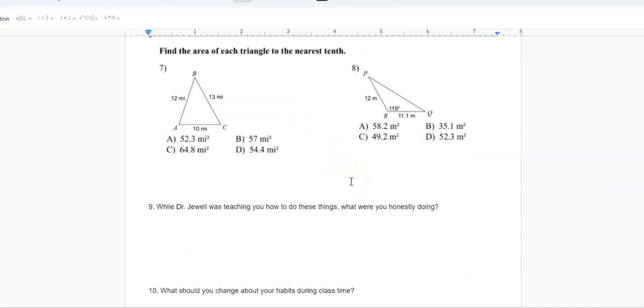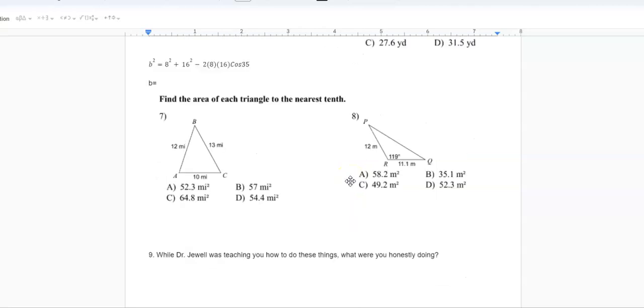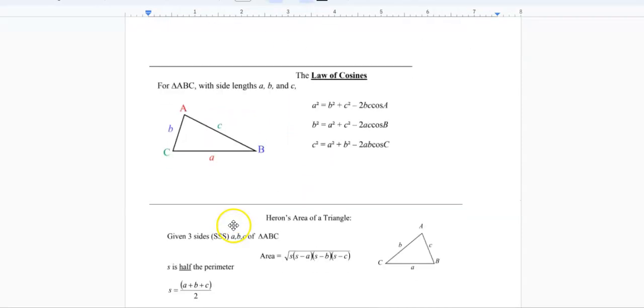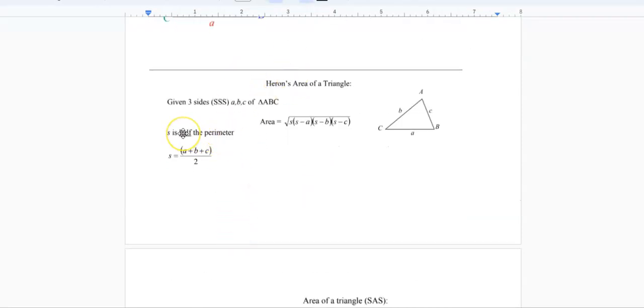I don't think I need to explain 7 and 8 very much. I feel like y'all are pretty decent with the area. 7 is using Heron's formula. First you have to get the letter S, and then you plug that into this formula. a, b, and c are the 3 sides you're given.